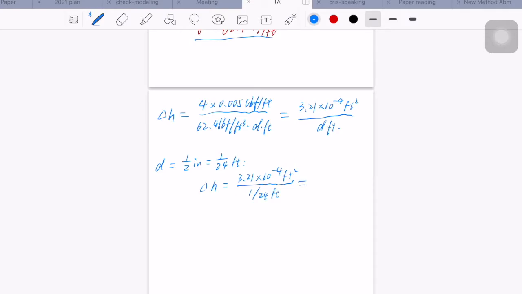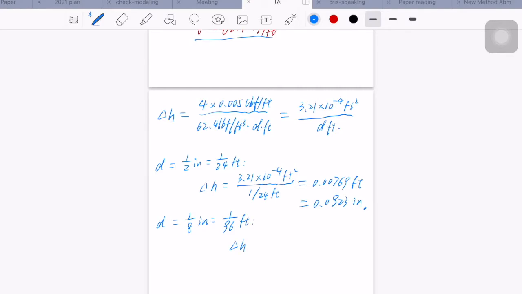So this value is 0.00769 feet, which equals 0.0923 inch.